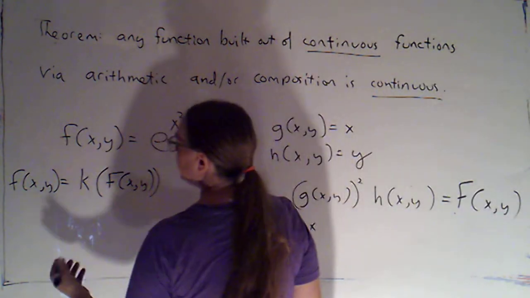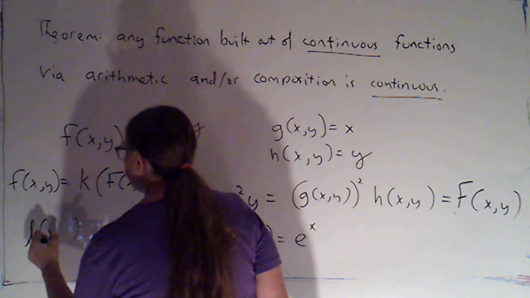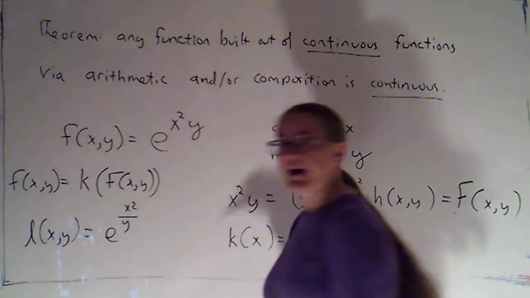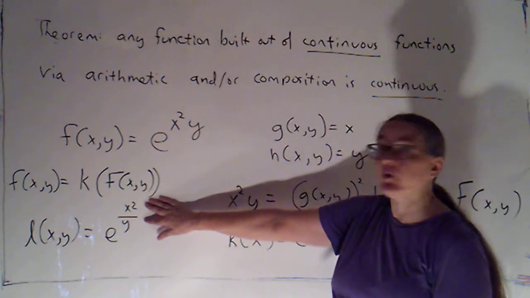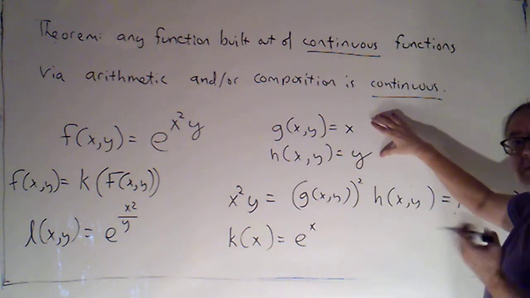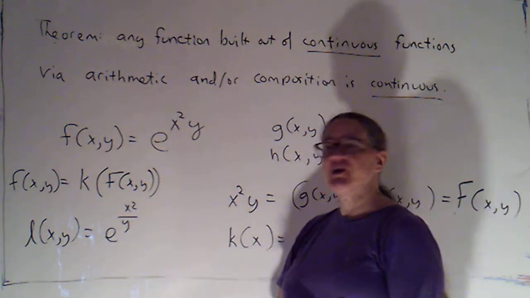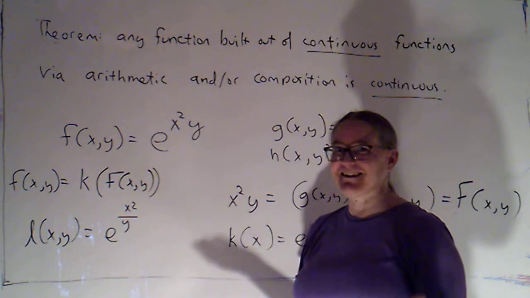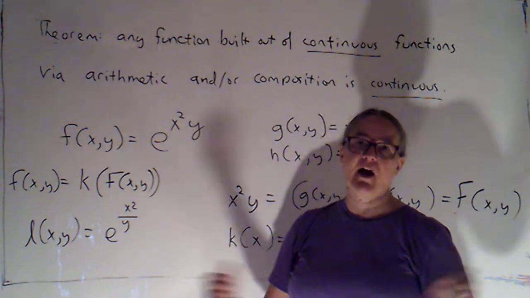So if, for example, I wanted to build another function, we'll just say L of xy equals e to the x squared over y, well, that's continuous on its domain, because I built x squared over y by combining these functions, just using some arithmetic. But because I used division, that introduced some restrictions on the domain. So this would be continuous on its domain. That's not to say it doesn't have some restrictions. It's not continuous if y is 0, simply because it's not defined if y is 0.